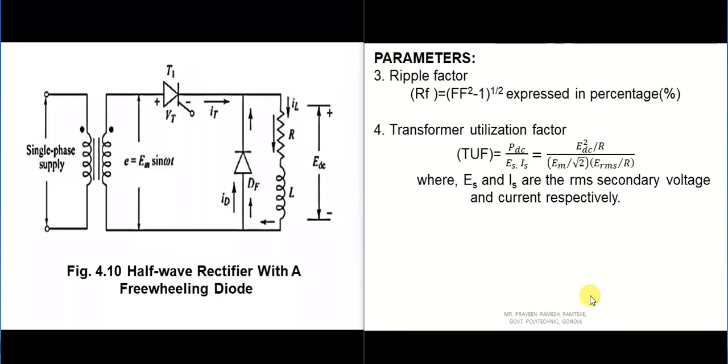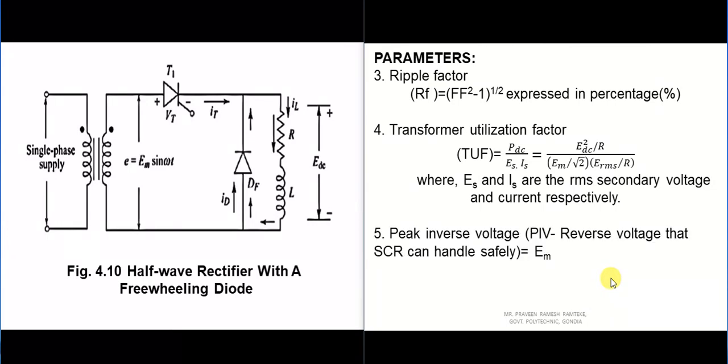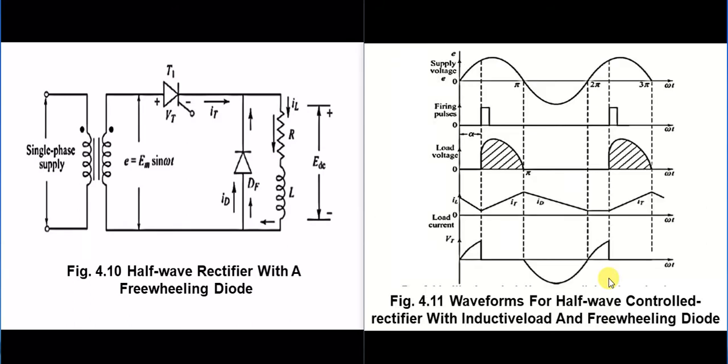So TUF is equal to E square DC by R divided by Em by root 2 multiplied by ERMS by R. Peak inverse voltage, that is the reverse voltage the SCR can handle safely, is given by Em, or the maximum input voltage. And the sign will be negative.